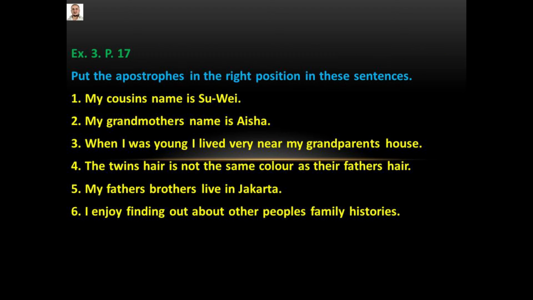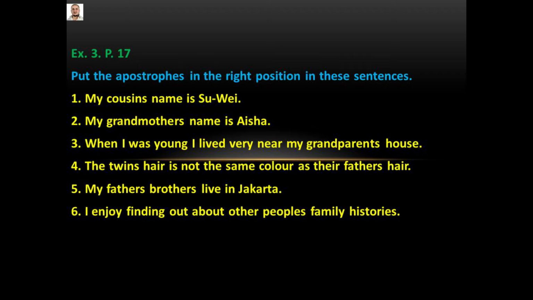Okay. We have exercise 3, page 17, also in the course books. Put the apostrophes in the right position in the sentences. Number 1, my cousin's name is Su Wei. Number 2, my grandmother's name is Aisha.